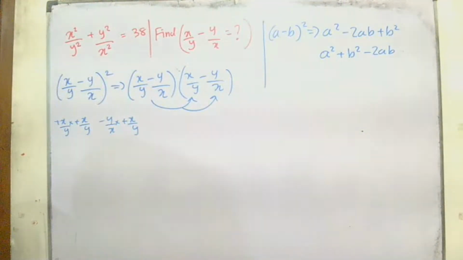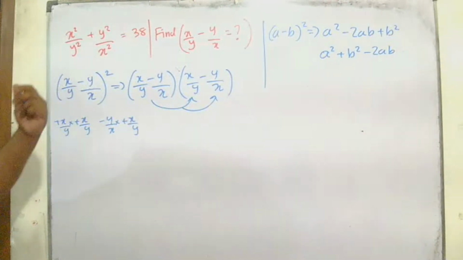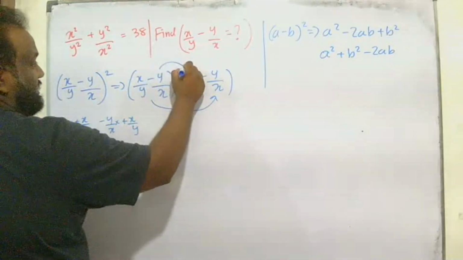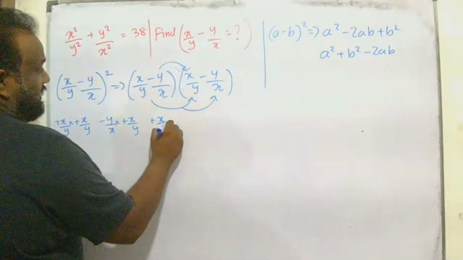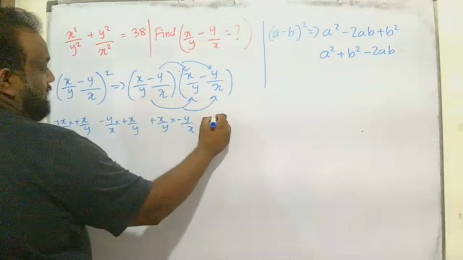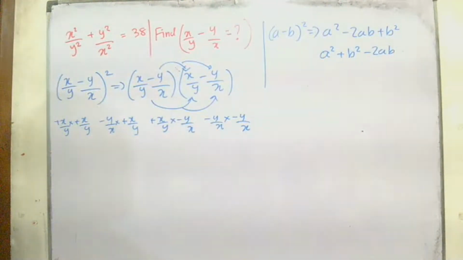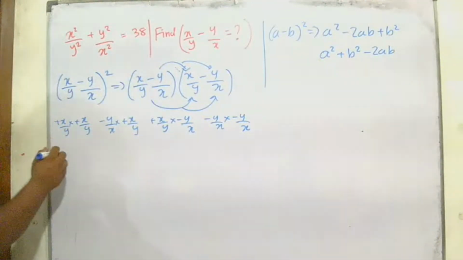Remember, when expanding in these calculations, we calculate the sign, then the numbers, then the letters. Pretty basic. Plus x over y into minus y over x, and this minus y over x into minus y over x. So what do we get here as the answer?